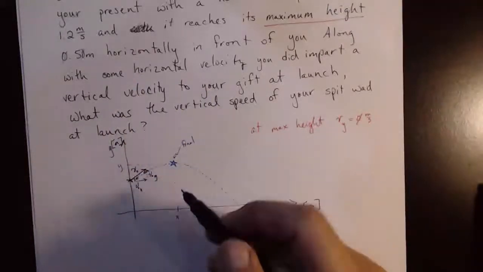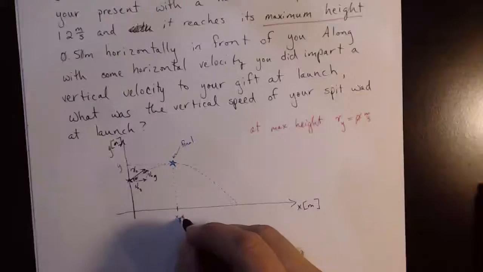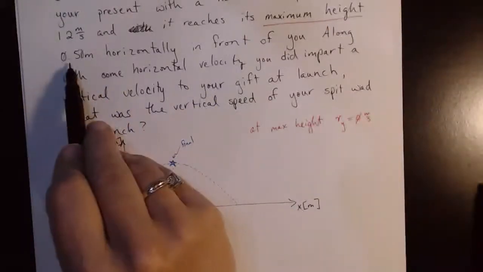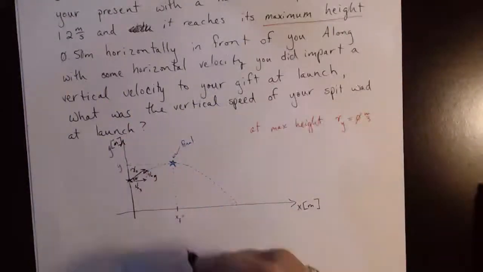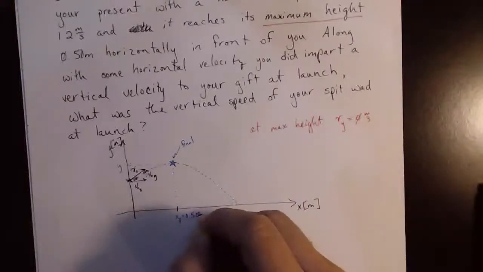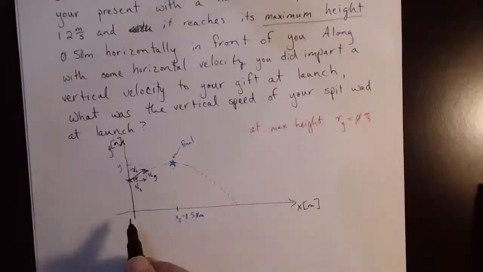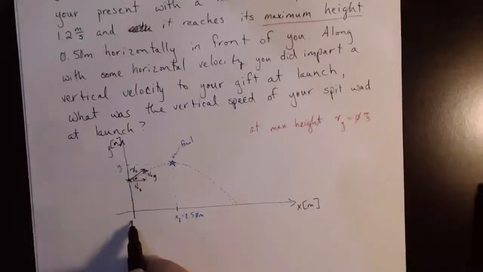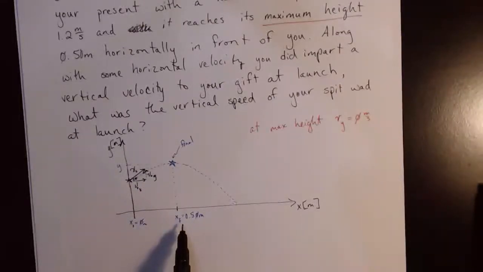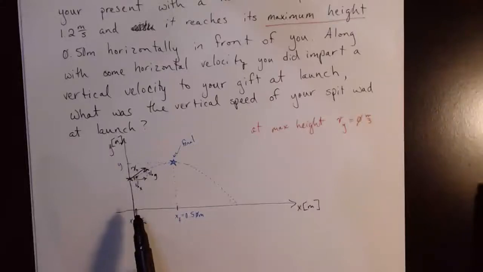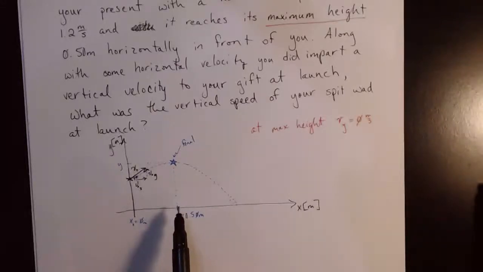It's going to be our final position. So this will be our x final, and it's 0.50 meters. The point of release is our x initial. We're going to set that as 0, so our final is just 0.5 meters. The distance between here and there is 0.5 meters.